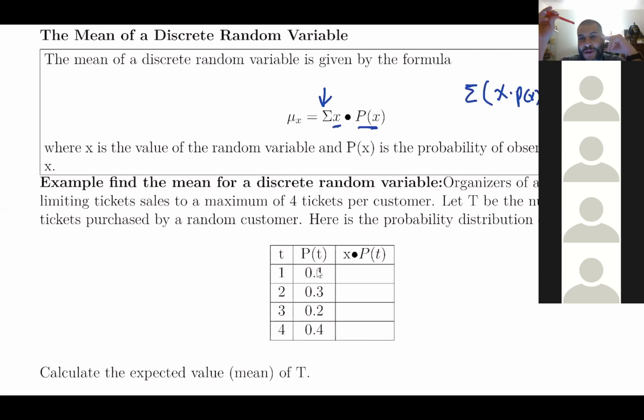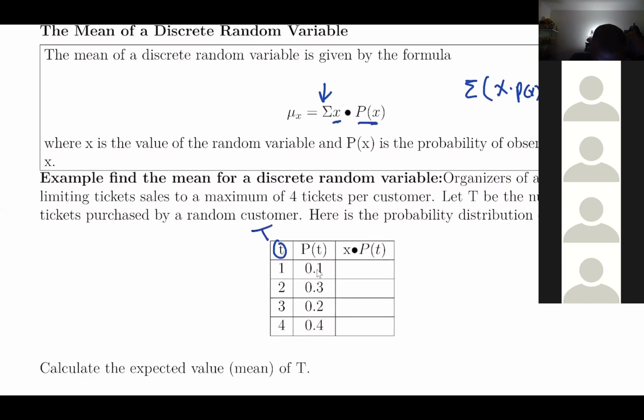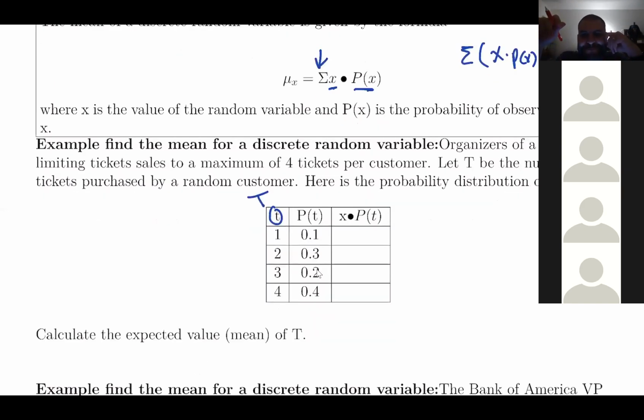Here is the probability distribution of T. So I want to change this to capital T. If you look at T, T represents how many tickets somebody purchased. Obviously for this one, we didn't put 0 because we don't have any data for how many people purchased 0 tickets. We only have data for how many people purchased either 1 ticket, 2 tickets, 3 tickets, or 4 tickets per customer.